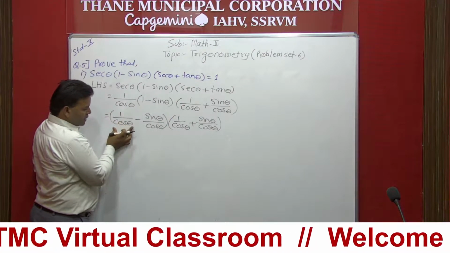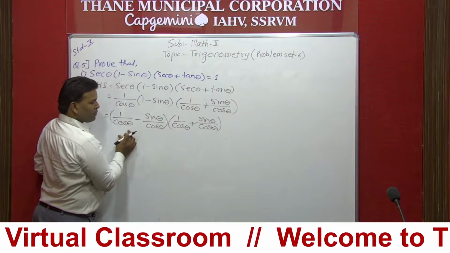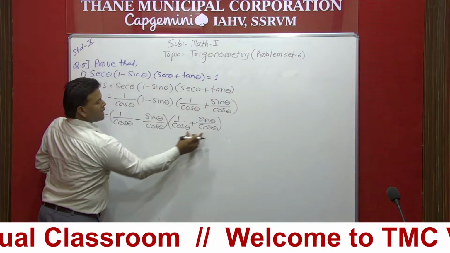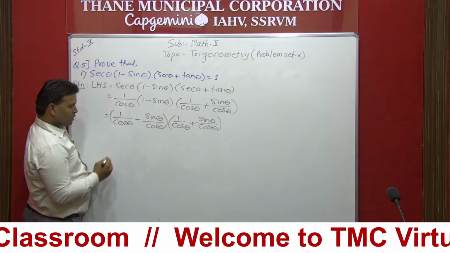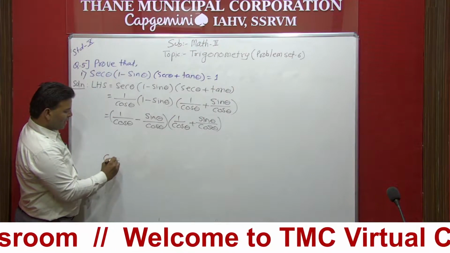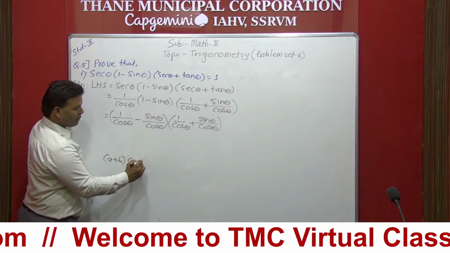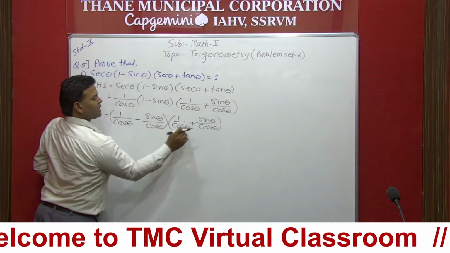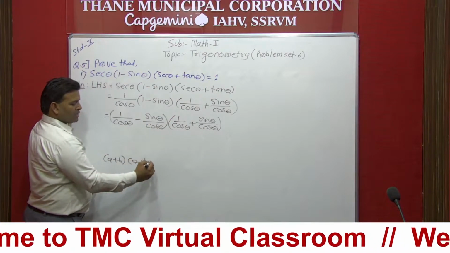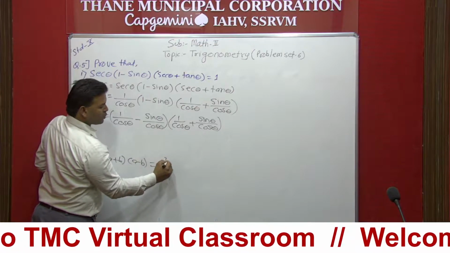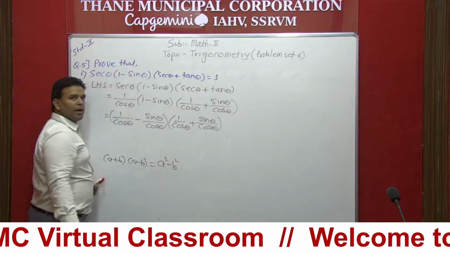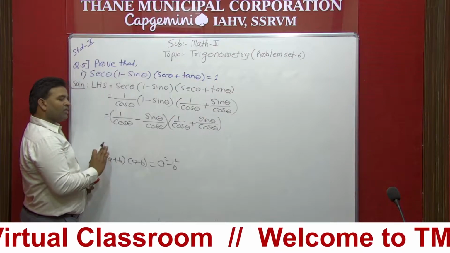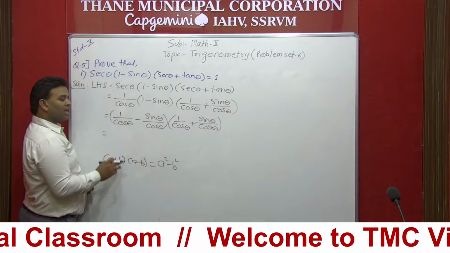Now in the next step, see this bracket. Here the first term, this one and this one, both are same. Second term is same. Middle sign is different. So here this is somewhat like A plus B and A minus B. This is something like A plus B, and this is A minus B. This can be written as A square minus B square. This is one of the identities which we have already learned in our 8th standard.